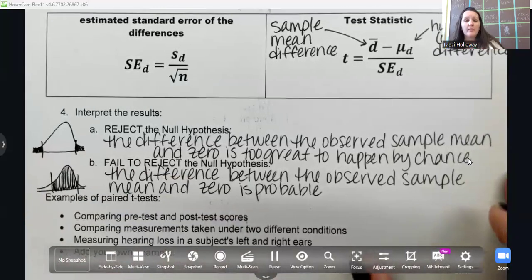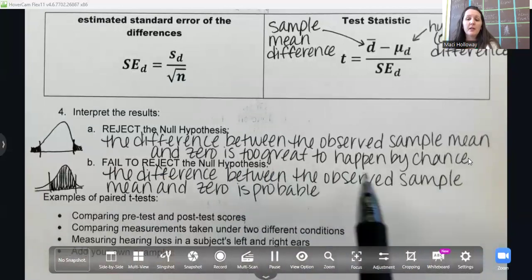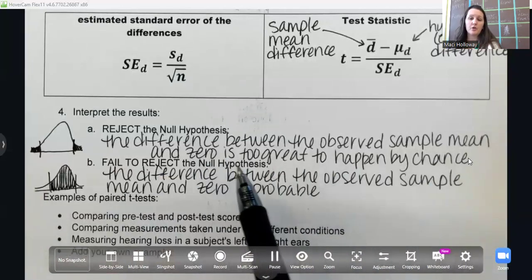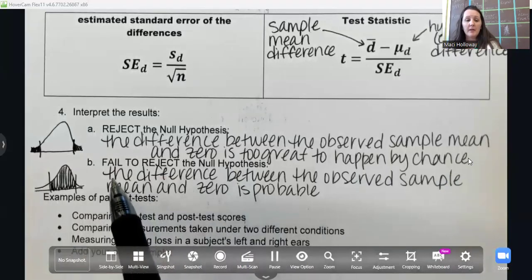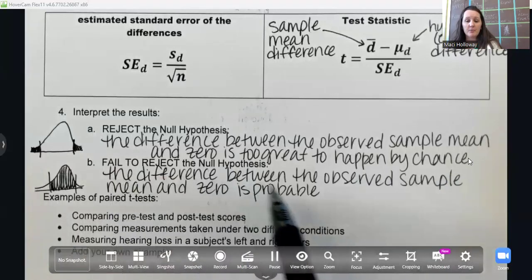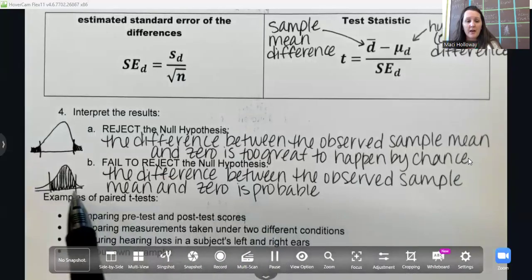So reject the null hypothesis is that the difference between the observed sample mean and 0 is too great to happen by chance, meaning it does not equal 0. And then the fail to reject is the difference between the observed sample mean and 0 is probable. So it's within that boundary line of your T critical values where it's probably just happened by chance if it is not exactly 0.